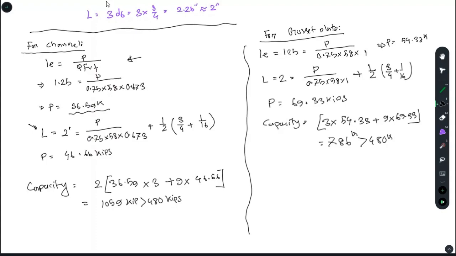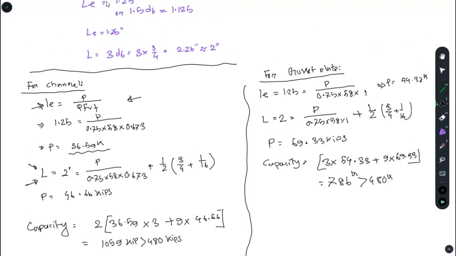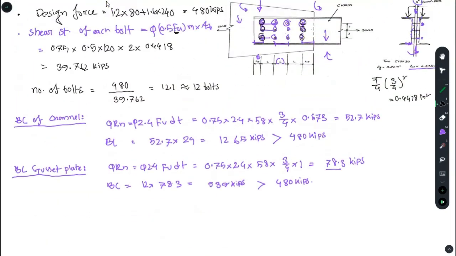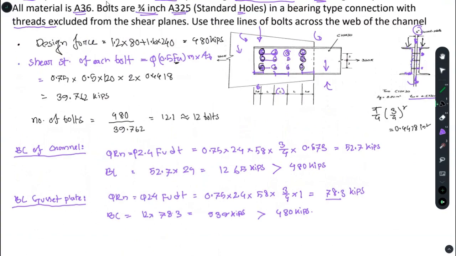So from here you can say that the edge distance, which is 1.25, and the in between distance, which is 2 inch, is okay. So for this one is 1.25, and these are 2 inch, 2 inch, 2 inch. This one is 1.25 inch. There might be a doubt, that is we have 6 edge bolts.